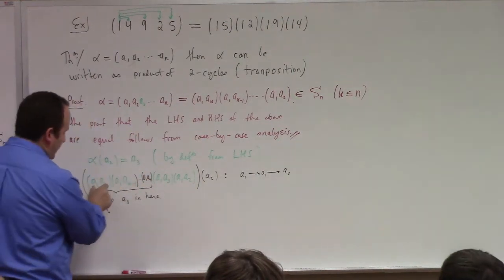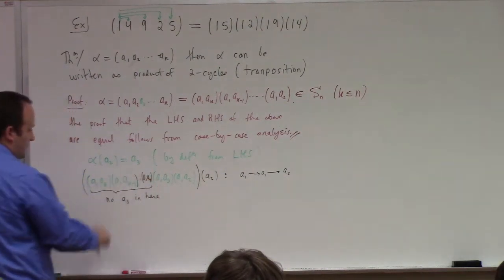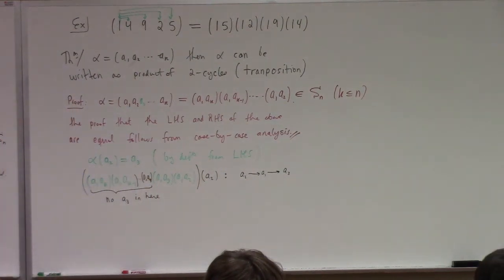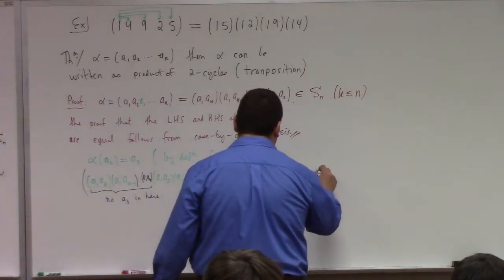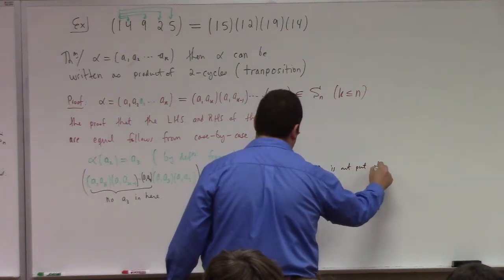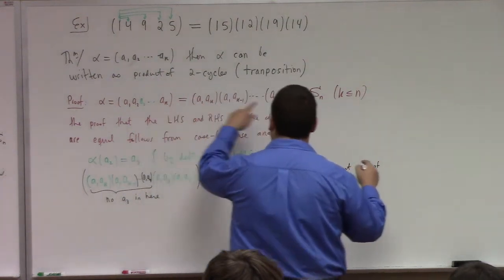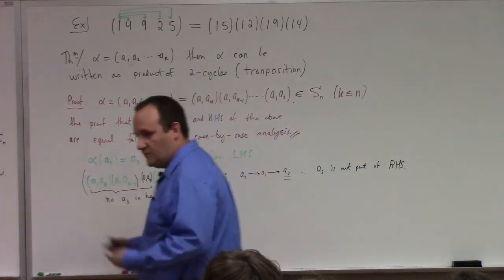So between (a1 ak) and (a1 a4), all of these transpositions have no a3, right? So the number a3 is fixed by those, and so the output is exactly that, right? So therefore, a3 is output of the right-hand side, and so forth.